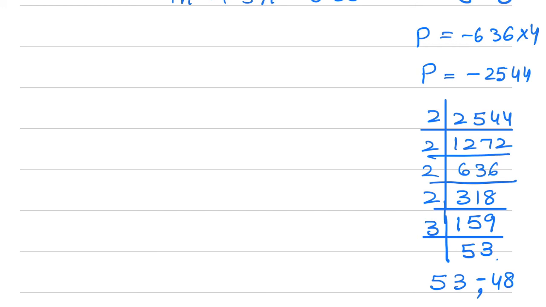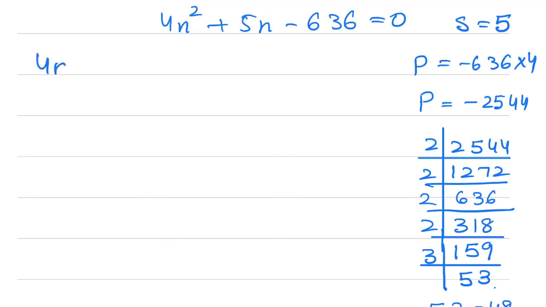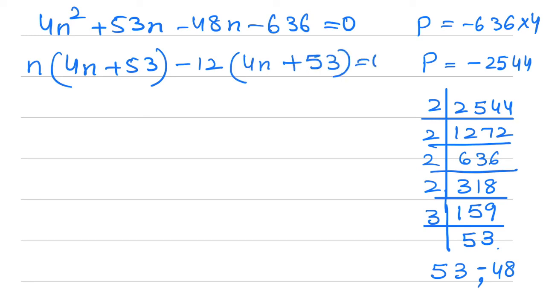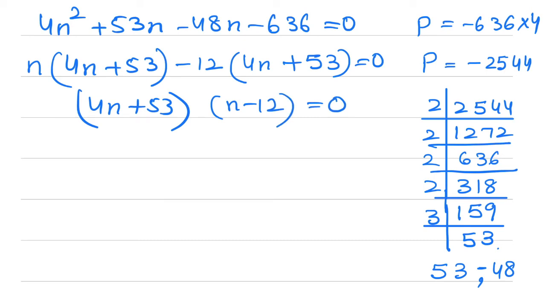So let's substitute now. So 4n square plus 53n minus 48n minus 636 is equal to 0. N common. 4n plus 53, n minus 12 is common. So we have 4n plus 53 and n minus 12 is equal to 0.